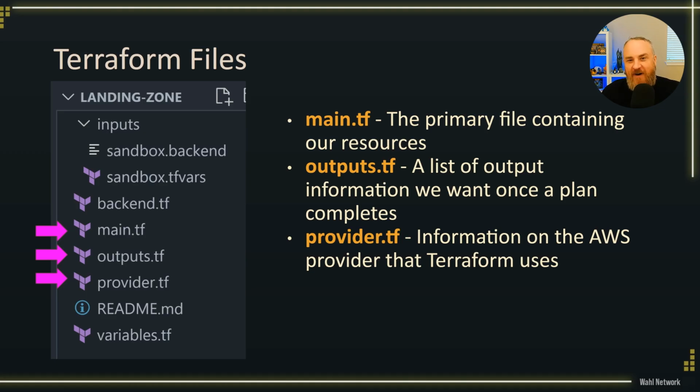There's also an outputs file that contains Terraform commands to output information about resources that we've created, and a provider file that tells Terraform what provider is going to provide the code for the resources that we're building. And in this case, it's pretty much all going to be the AWS provider.